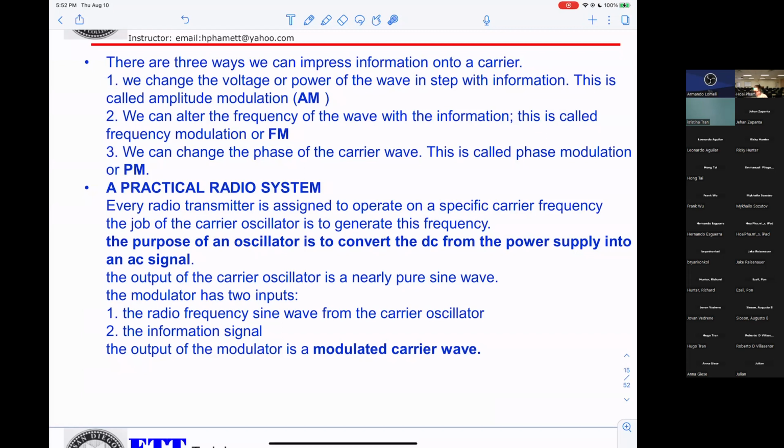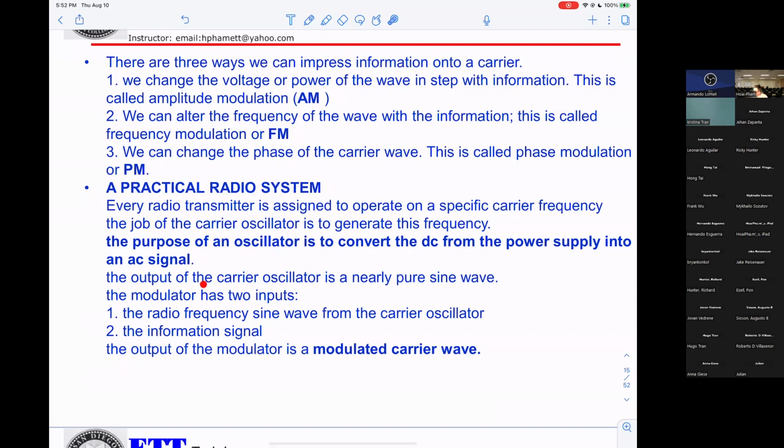The purpose of an oscillator is to convert the DC from the power supply into an AC signal. The output of the carrier oscillator is a nearly clean sine wave.